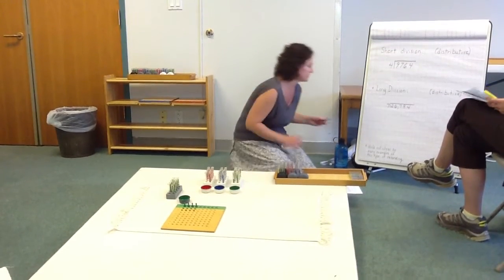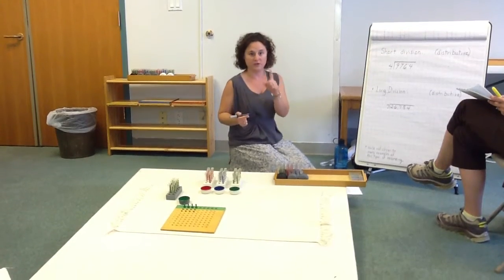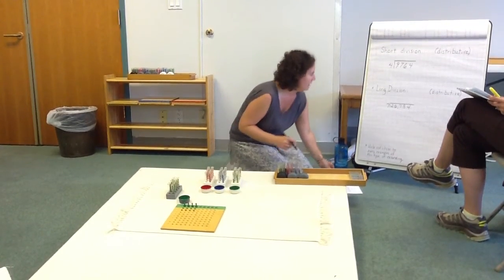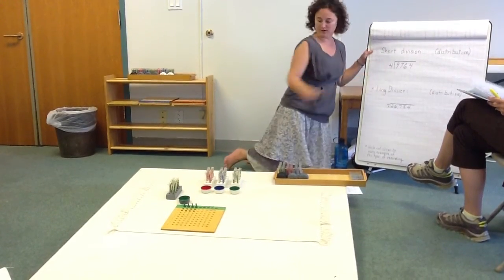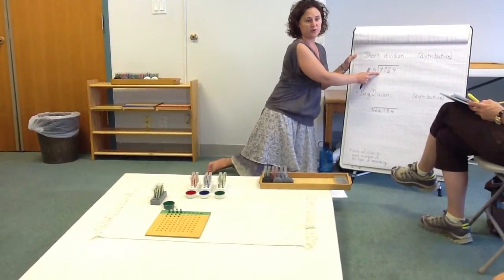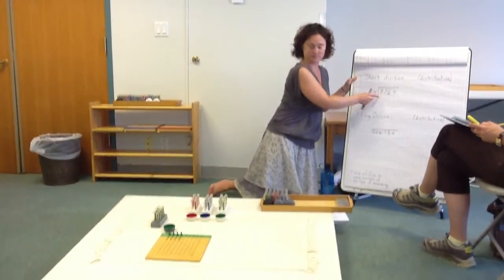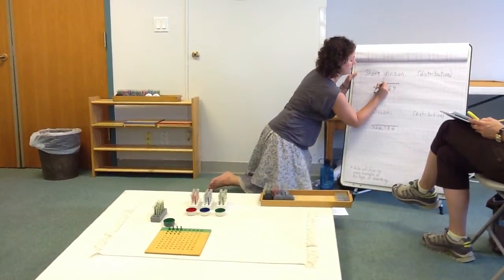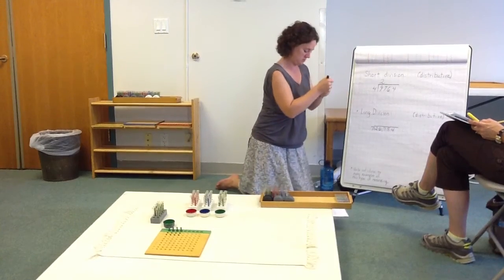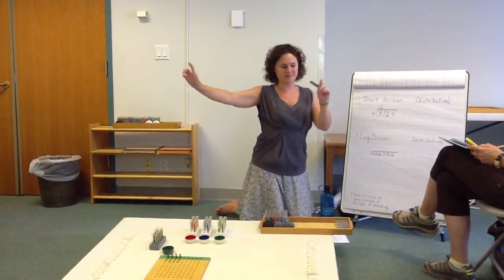This is a short division problem, so the only thing that I want to record is what 1 unit gets. The Skittles on the board have received thousands, so I'm going to put my 2 above the thousands place. In your album, the problem is written out long ways.